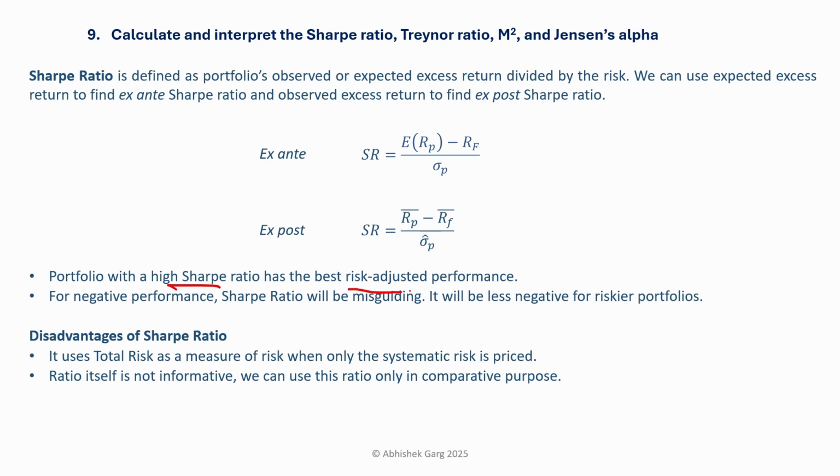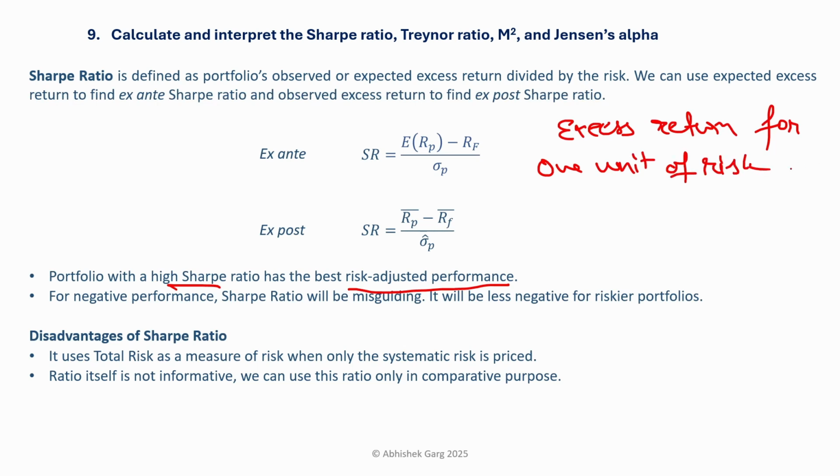A portfolio with a high Sharpe ratio has the best risk adjusted performance, because this is basically the excess return for 1 unit of risk assumed. So if the Sharpe ratio is greater, that means you are generating greater excess return for 1 unit of risk assumed.